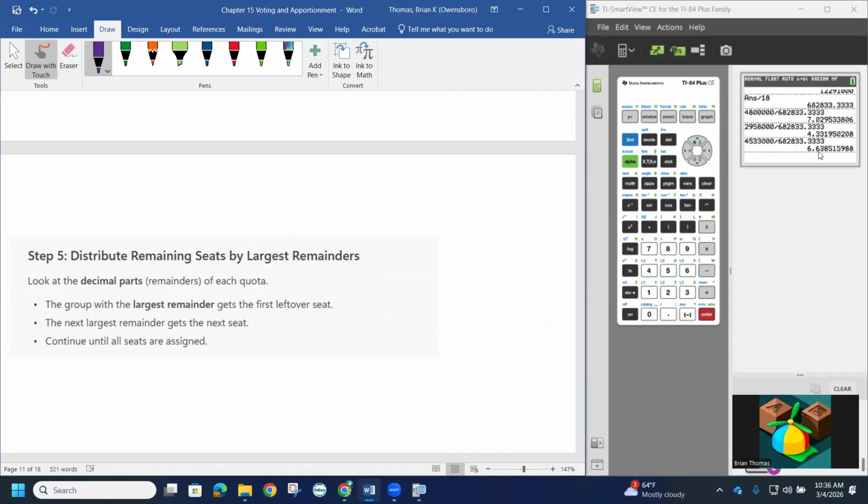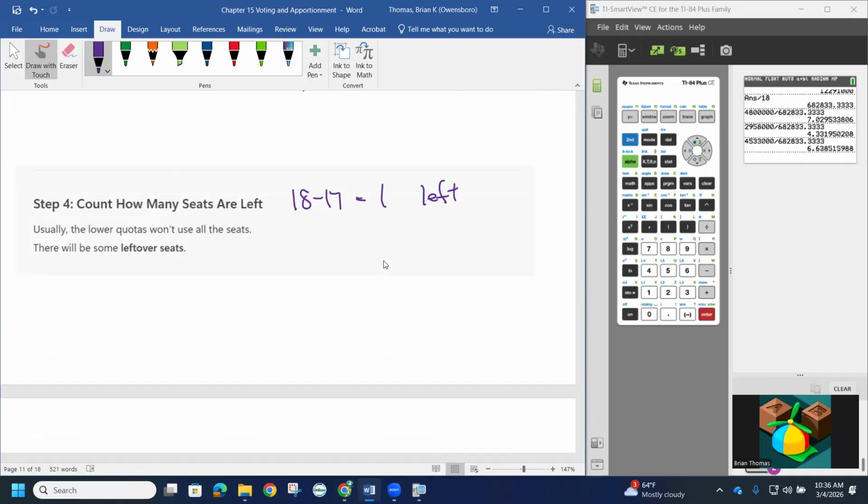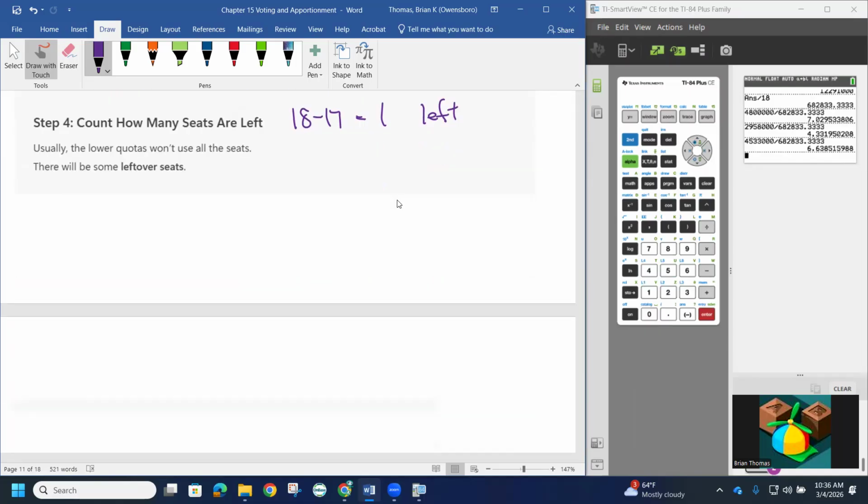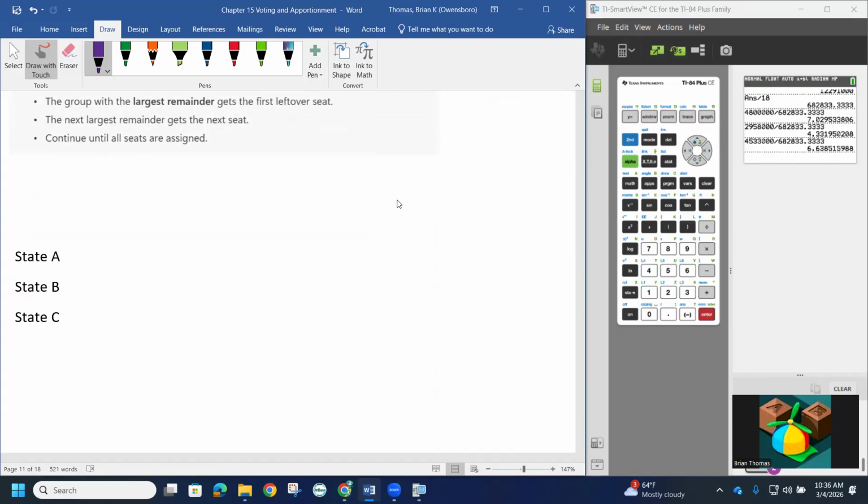So that means state C gets the leftover seat since it had the biggest remainder. So state C now jumps up to 7. So state A would be 7, state B would be 4, and state C would also be 7.